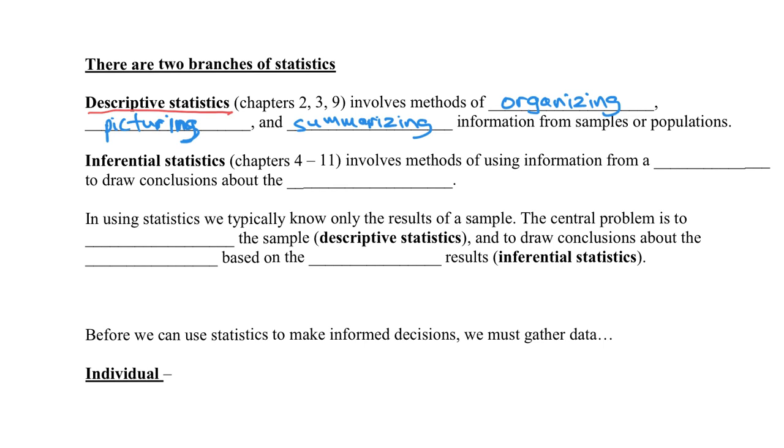The more interesting part of statistics, and definitely a little more challenging, is inferential statistics. And this is really why we study statistics. This is starting in chapter 4. And this involves methods of using information from a sample to draw conclusions about the population.